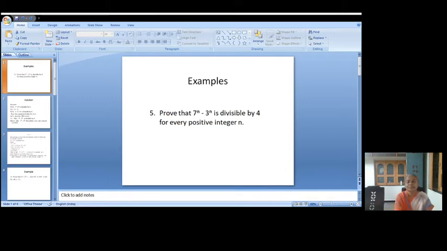Welcome students. Now we are going to see some more examples on the concept of mathematical induction. Again we are taking the revision of the term mathematical induction.